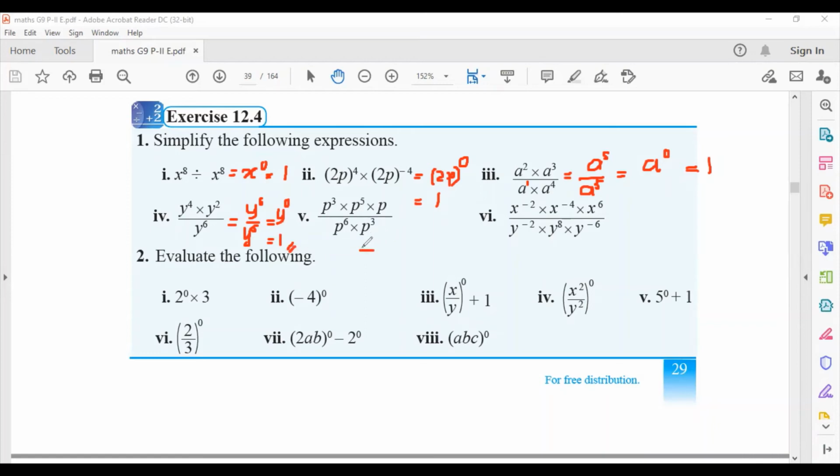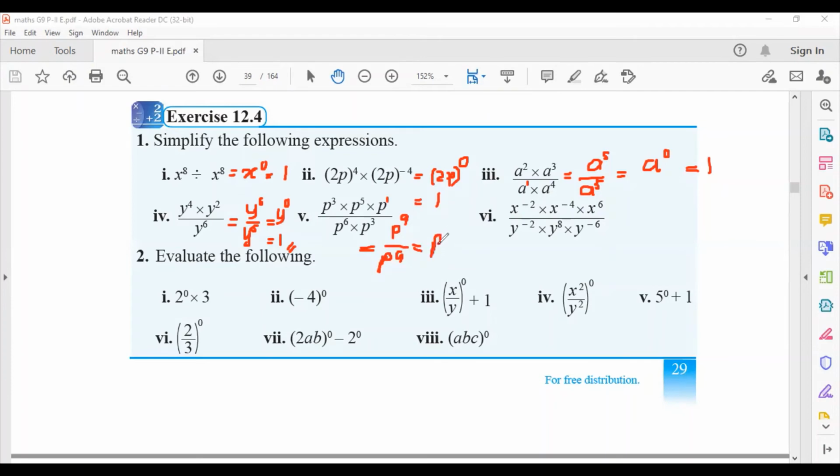Let's move to this one. P to the power 3 plus 5 plus, if you hear nothing, you can consider it as 1. P to the power 1 is there. 3 plus 5 plus 1 is 9. Then p to the power 9, because when multiplying same bases, indices should be added. Then when dividing, indices should be subtracted.